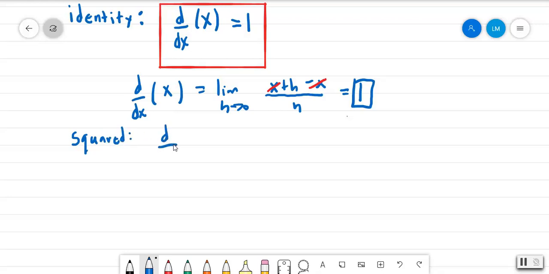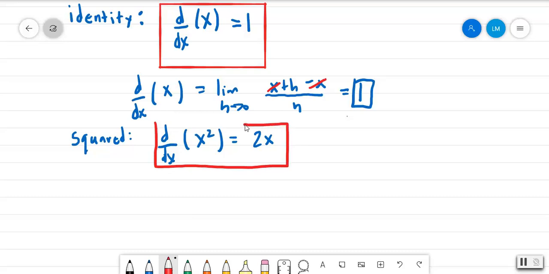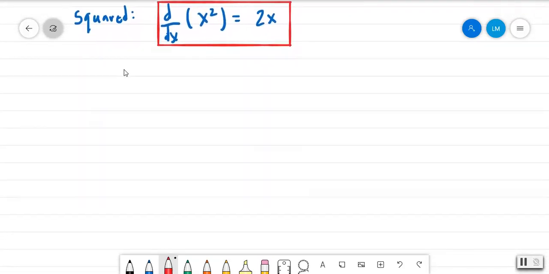Traditionally, we'll just say that if we take the derivative of x squared, it's harder to look at the graph of x squared and then justify what the derivative of that function is, or what the slope is, because now it's a little more complicated. But it's actually just 2x. There is really just the way of looking at the formal definition that we can say that the derivative of it is really 2x.